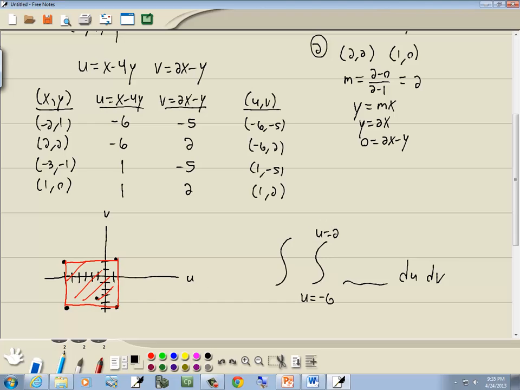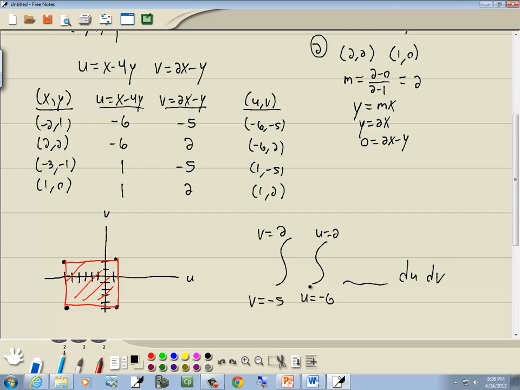So you're looking at your leftmost and your rightmost. And this one will be v, and v is going from, what's the lowest v value? -5? And it's going up to v is equal to 2. Okay, so those are going to be the limits that we put on our integration.